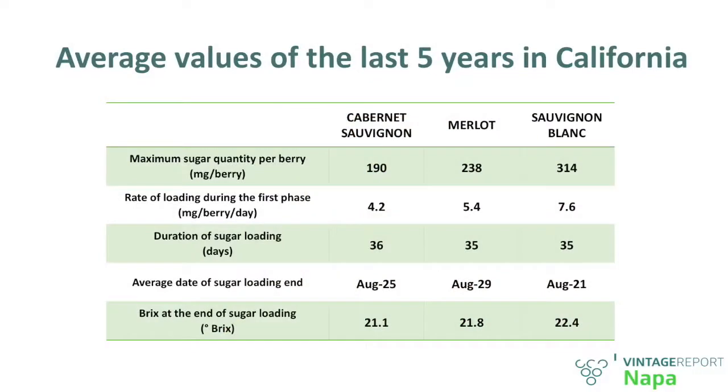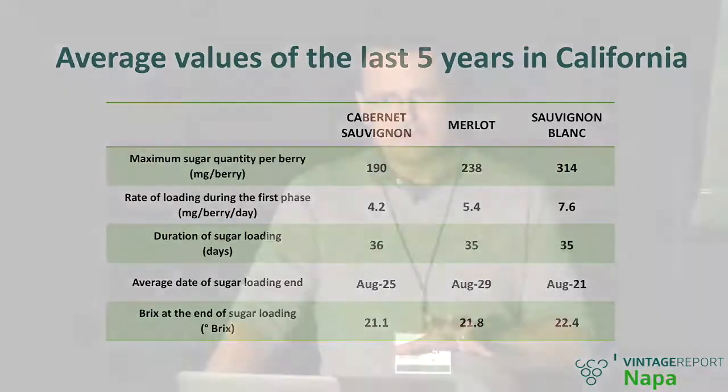You see the average date of the end of sugar loading, more or less it's at the end of August, depending on the vintage for sure, but the average is end of August. Then the last parameter would be the Brix at the end of sugar loading. Varietal effect for that parameter also, but the big average would be 21 to 22 Brix.